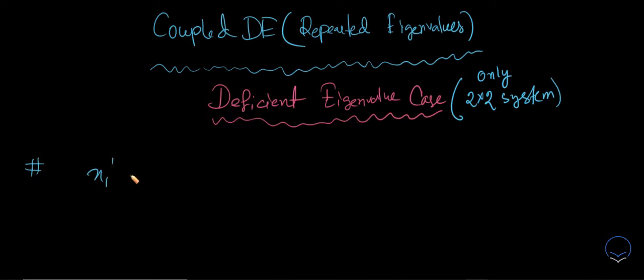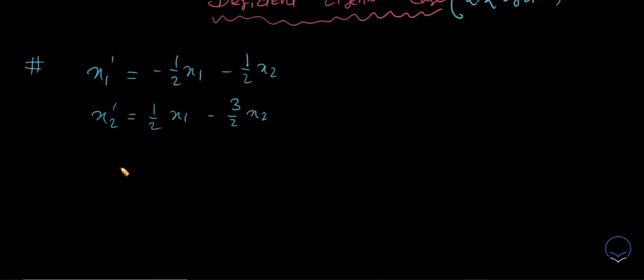So let me first write down the system that I'm considering today. This will be x1 prime equals minus 1/2 of x1 minus 1/2 of x2, and x2 prime is just 1/2 of x1 minus 3/2 of x2. And again you can easily see that the coefficient matrix A is just [-1/2, -1/2; 1/2, -3/2].